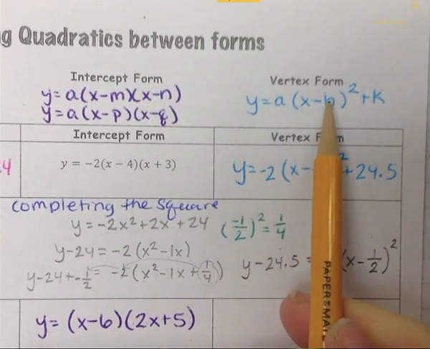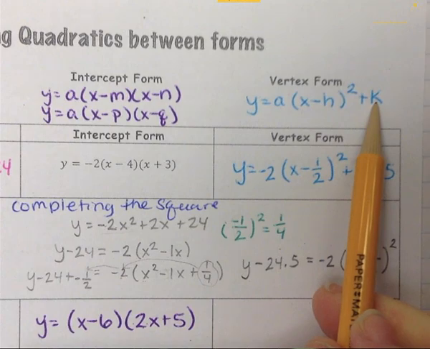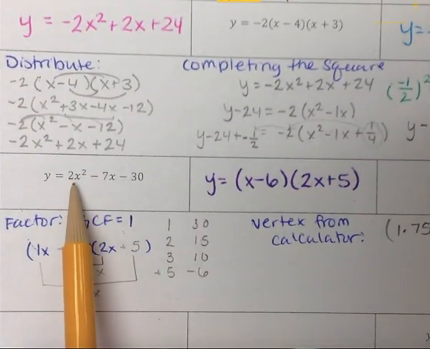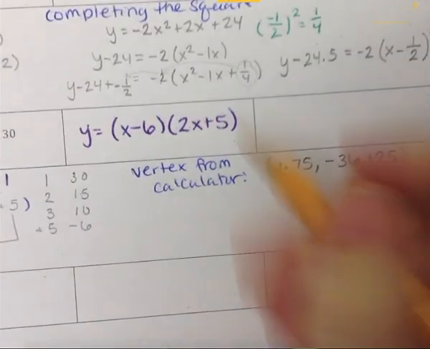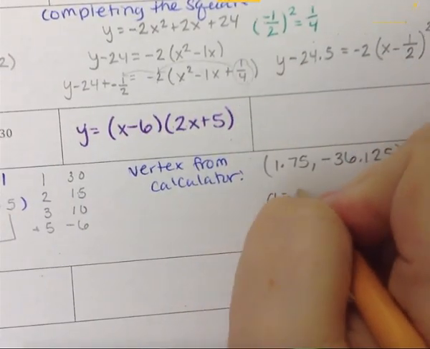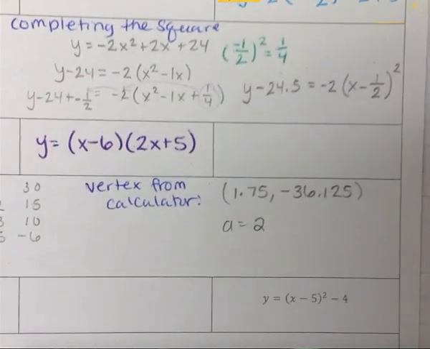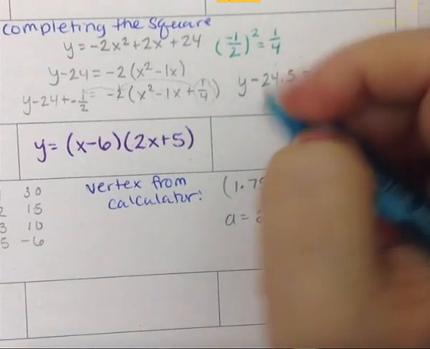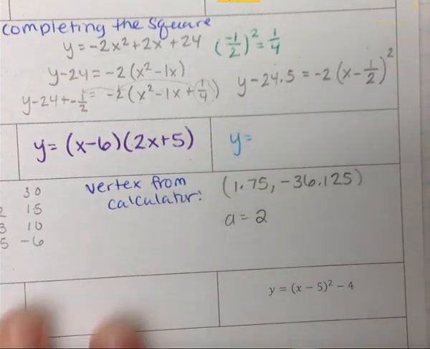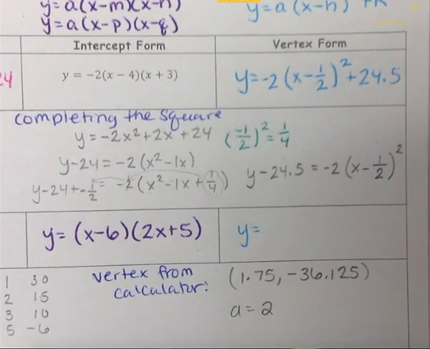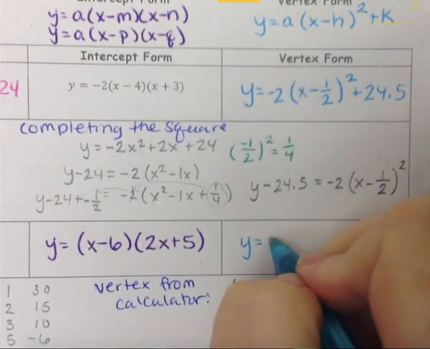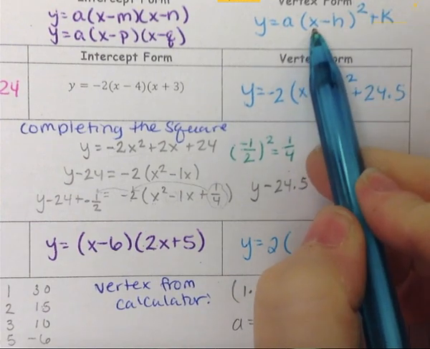But for our vertex form, we want our vertex, the h and the k, but we also need that a. Now from the original, our a value was 2. So I'm just going to put a value is equal to 2. We have those three pieces of information, so we can put it into vertex form. It's y equals a, so the a value is 2, parentheses, we're going to have x.